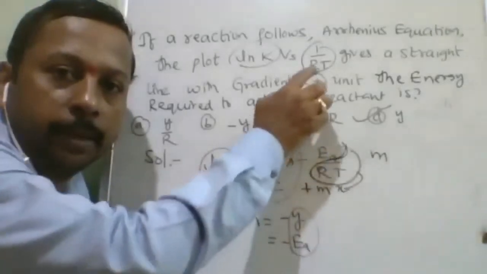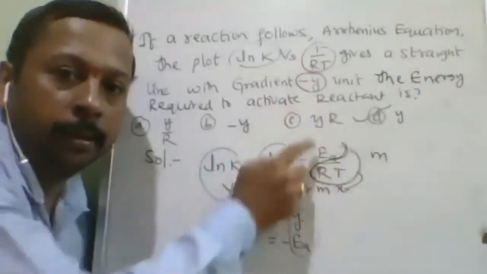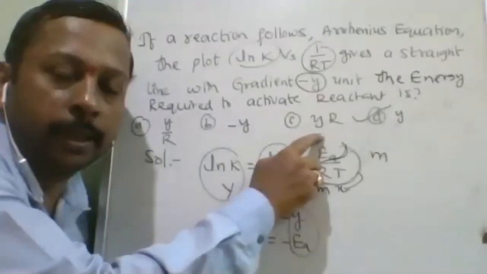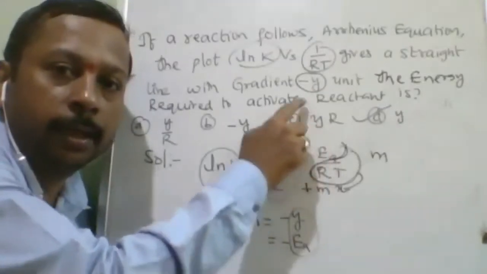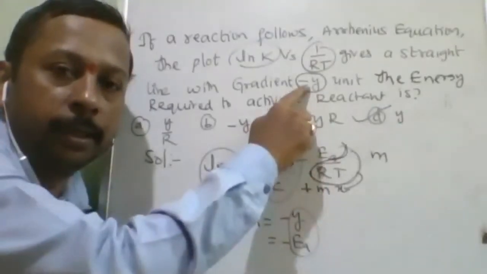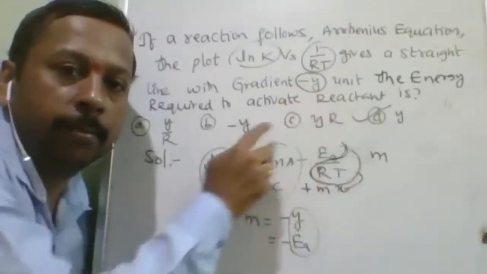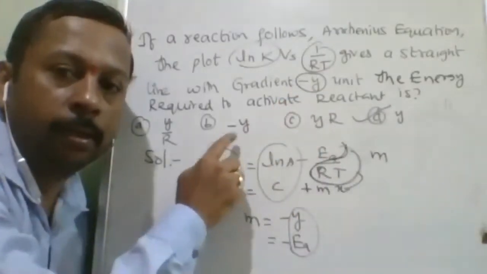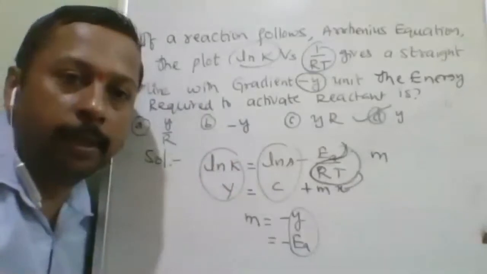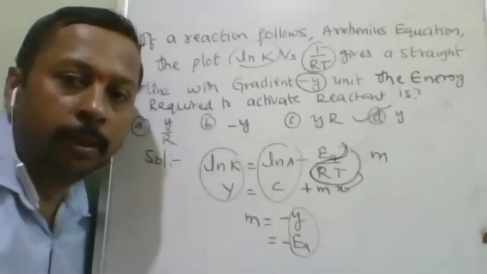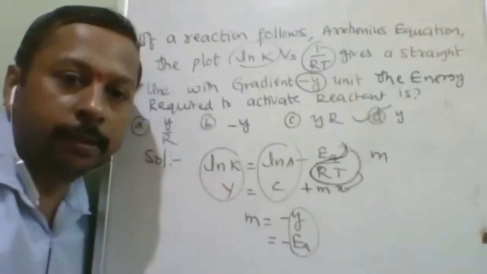Because of inattention to 1 upon RT, somebody gave y by R as an answer, and somebody neglected the minus and gave B as the answer. So that's why video explanation is necessary. If you just go through the solutions from the book, you may not check your attentiveness.